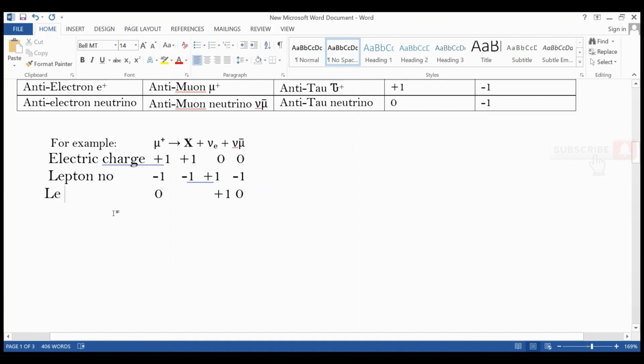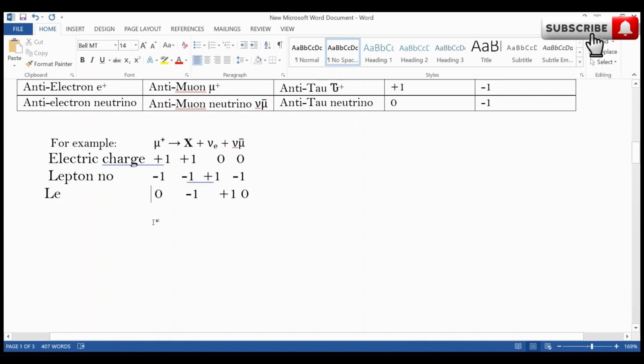So here from law of conservation of electron lepton number, both sides must be equal. On the reactant side we have 0, while on the product side we have +1. So here we need a number which will cancel out +1 so that we have 0 on product side as well. So this is certainly -1. Now -1 and +1 will be cancelled and we will have 0 on this side and also 0 on this side.